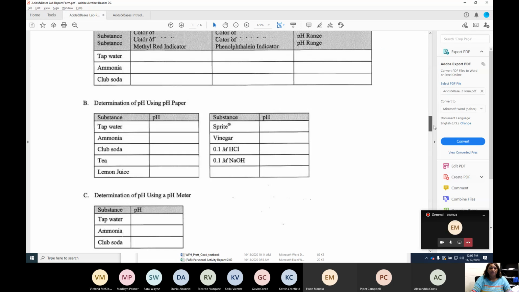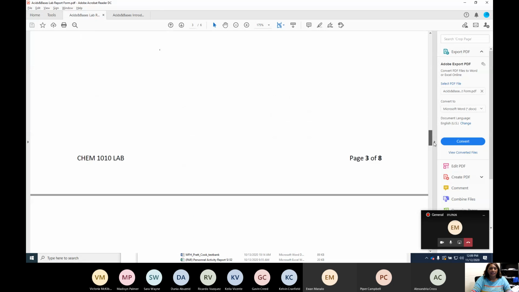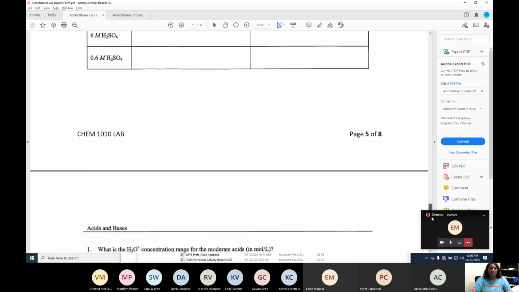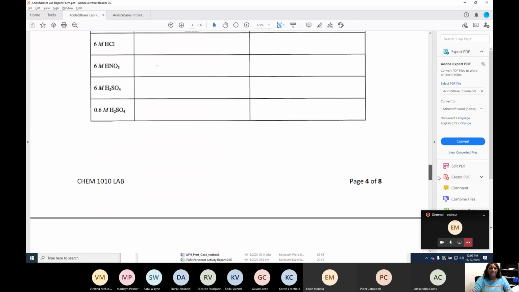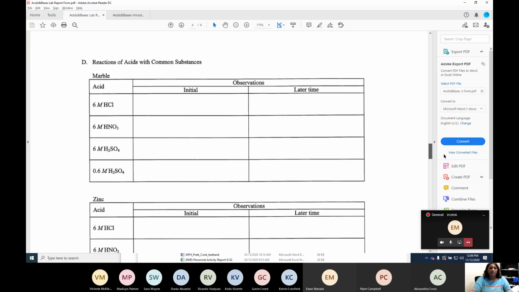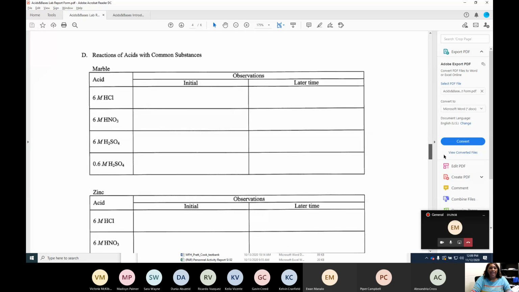So now that we've done the first parts, A, B, and C, this is a really quick lab today as well. The last part is you're going to be observing reactions of acids with common substances. Now, as I stated, the nitric acid, HNO3, you will not observe any reactions with nitric acid.